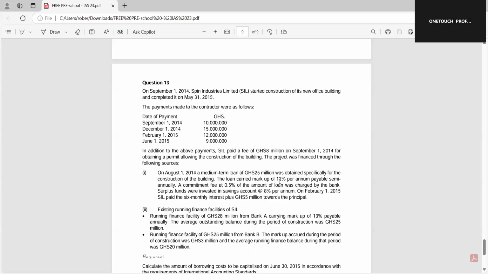I said that this question is the most complex perhaps I've seen anywhere. So let's manage it. Okay, so 12% times the 25 million times the period of 6 months gives us how much?